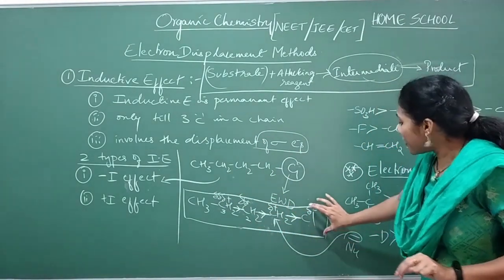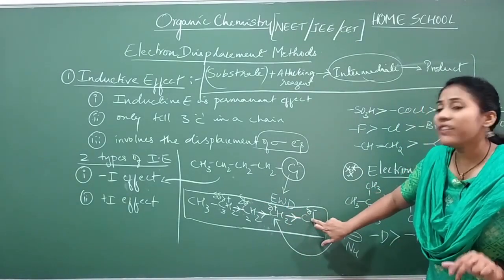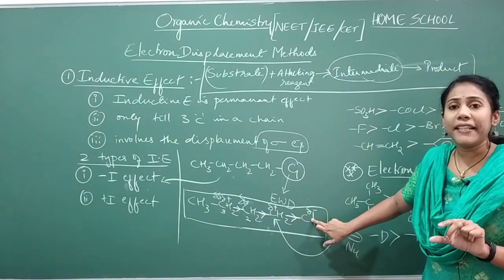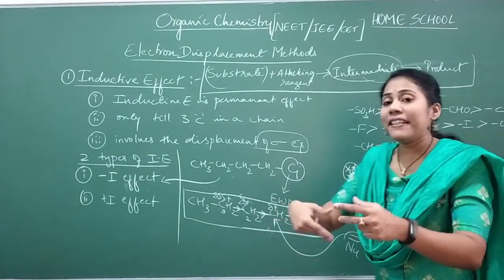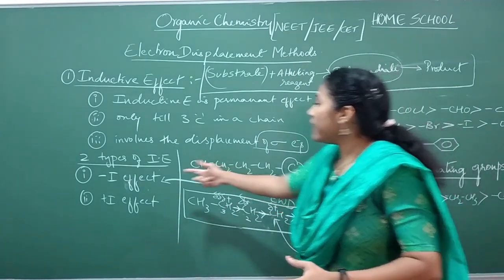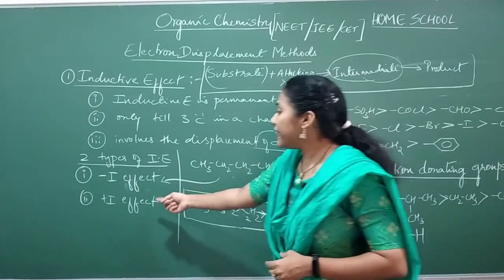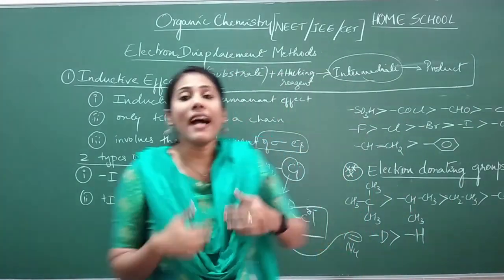When such groups are present, the sigma bonds will move towards the most electronegative atom, and our carbon atoms are positive here. This particular effect we call the minus I effect. And now let us see what is plus I effect.